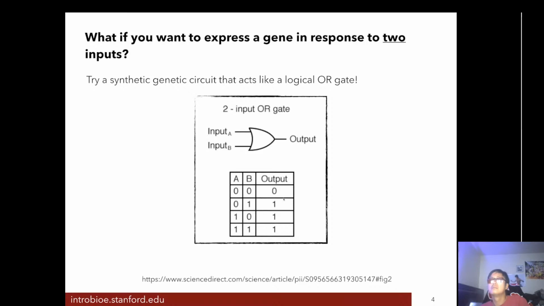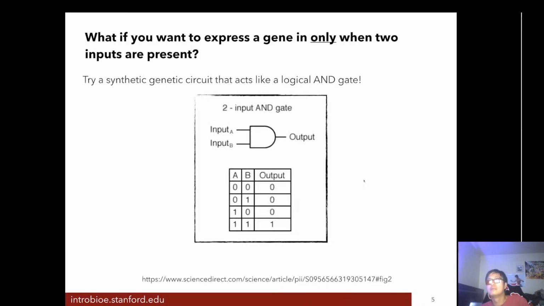Now, let's say instead of just detecting arsenic or lead in the water, you actually want to remediate or remove these contaminants from the water. You could potentially express a set of enzymes that produce a chelating molecule or something that removes the arsenic, let's say, from the water. An example of a molecule that can chelate arsenic is 2,3-dimercaptopropanol.